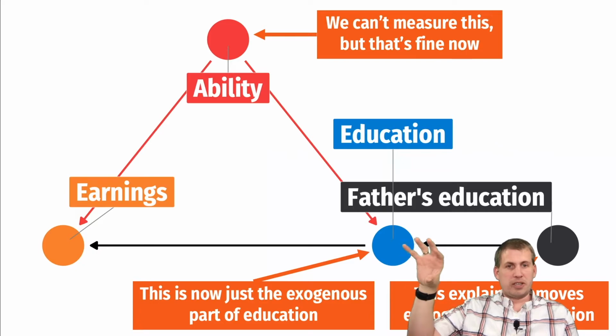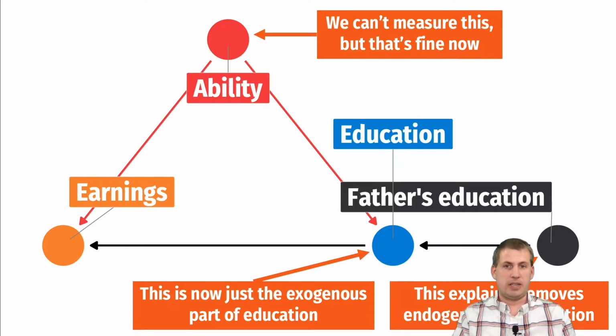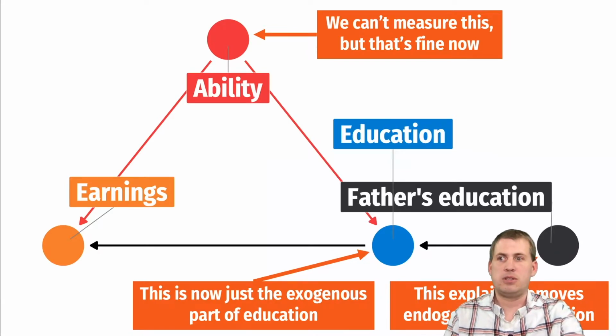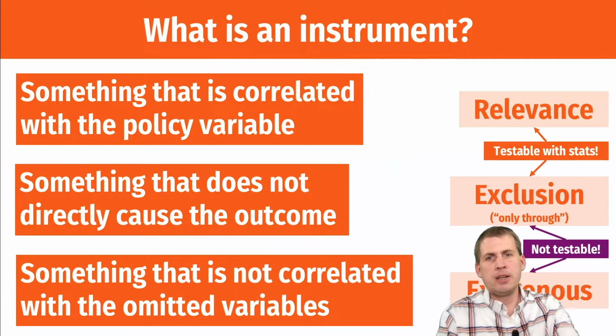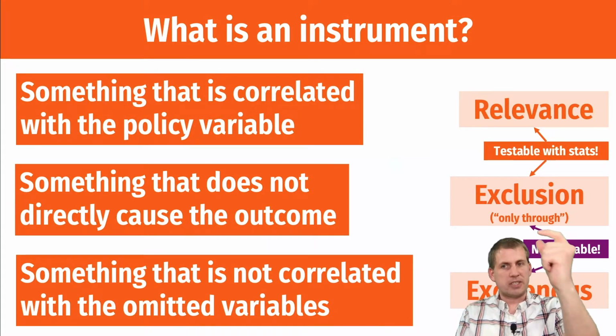And so we're only looking at the exogenous part of education, and so that will be our causal effect on earnings. So that is why we do this here. Okay, so we're going to walk through each of these conditions that you need to have for a good instrument: relevance, exclusion, and exogeneity. And we'll look at specifically some other examples that have existed in the world here.